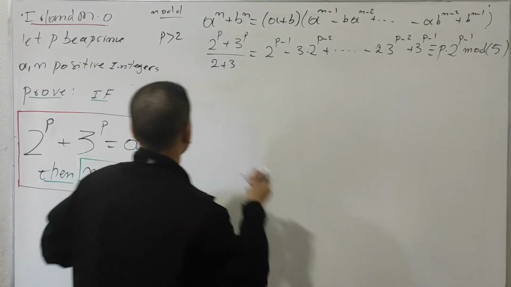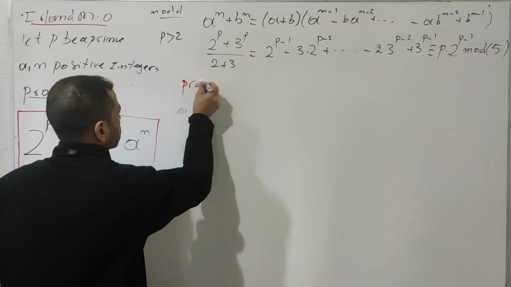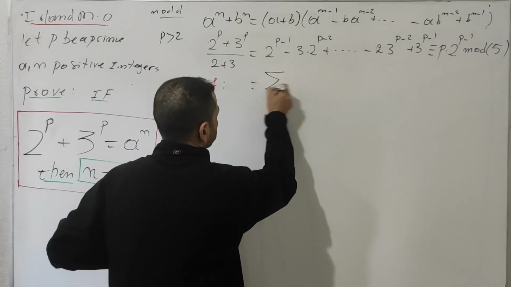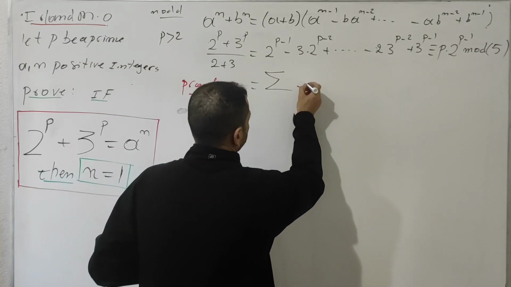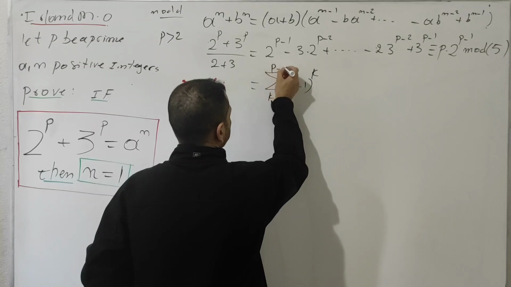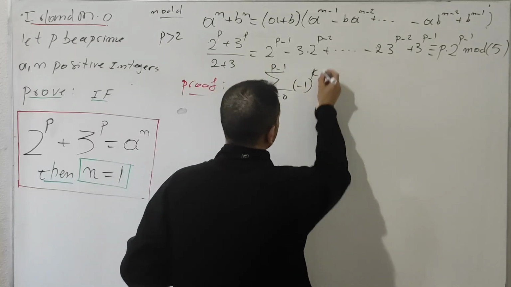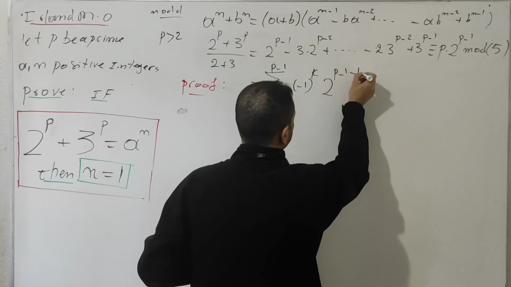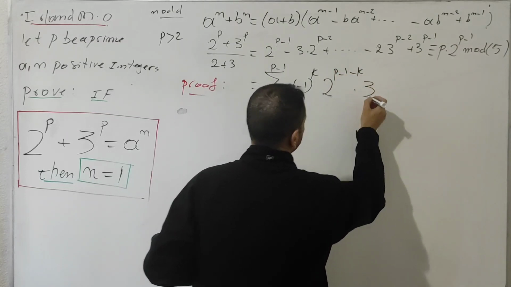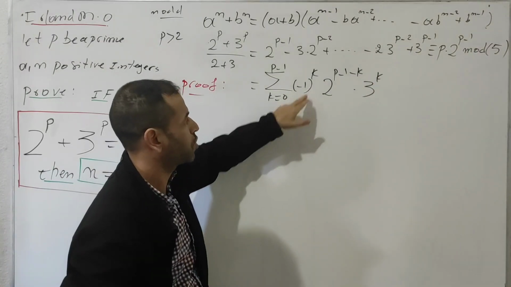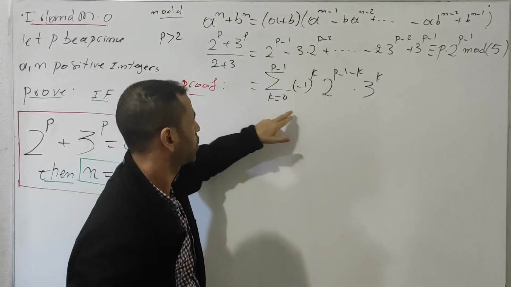Proof. I'm going to write this as a sum of minus 1 to the k, as k goes from 0 to p minus 1, of the term 2 to the p minus 1 minus k multiplied by 3 to the k. If you expand this, it takes you back to the previous expression.